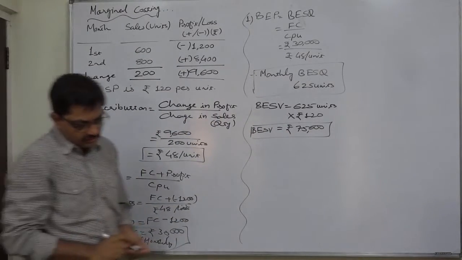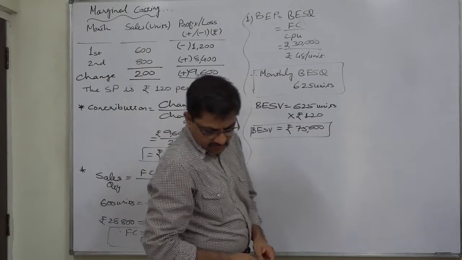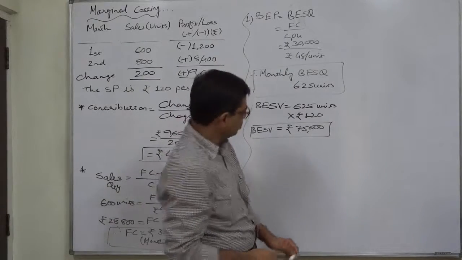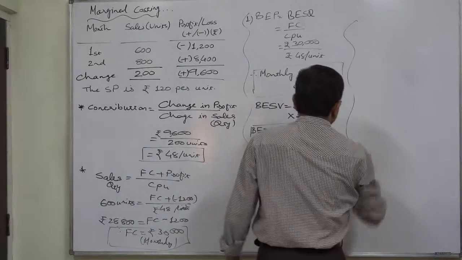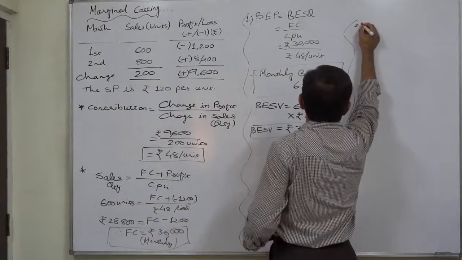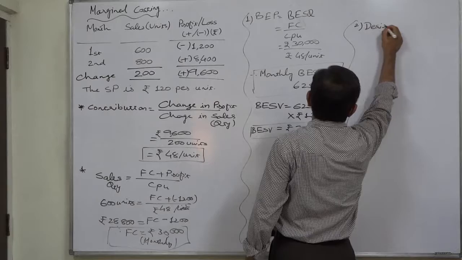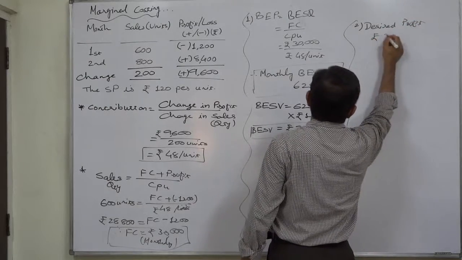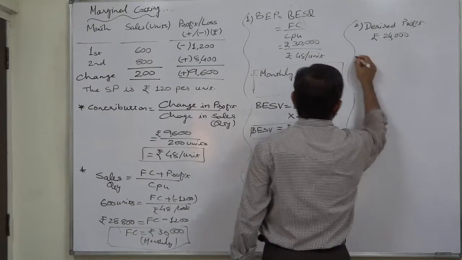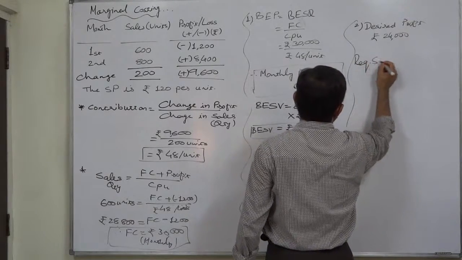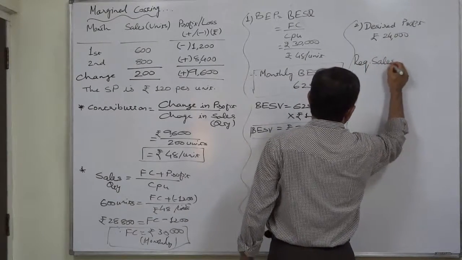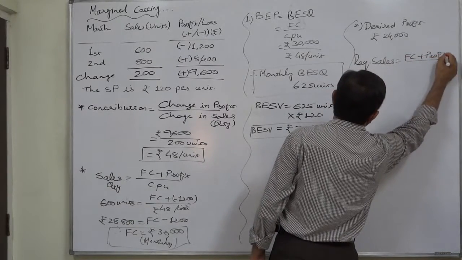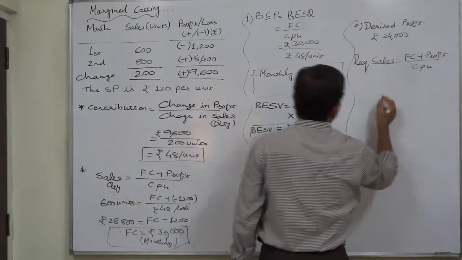Another calculation is to find sales required for earning profit of rupees 24,000. That means desired profit is given to be rupees 24,000 and we need to find sales, so we are going to use the term required. Required sales equals to fixed cost plus profit divided by contribution per unit.